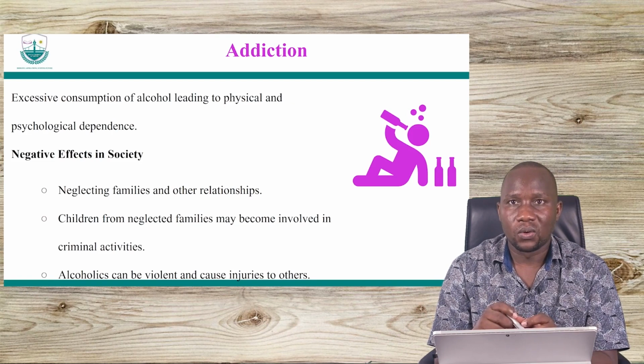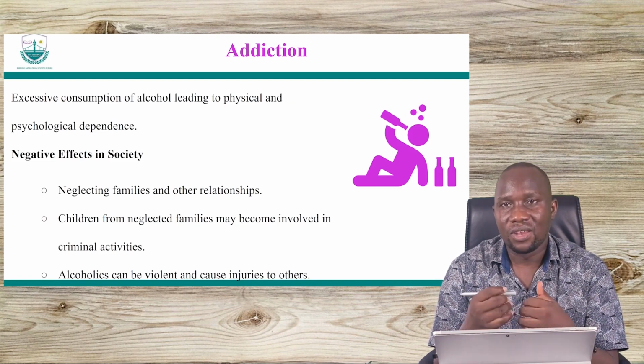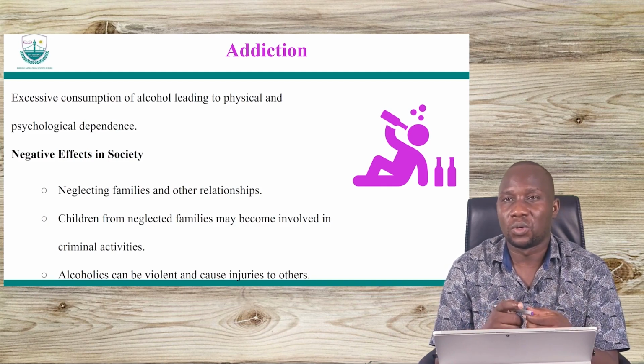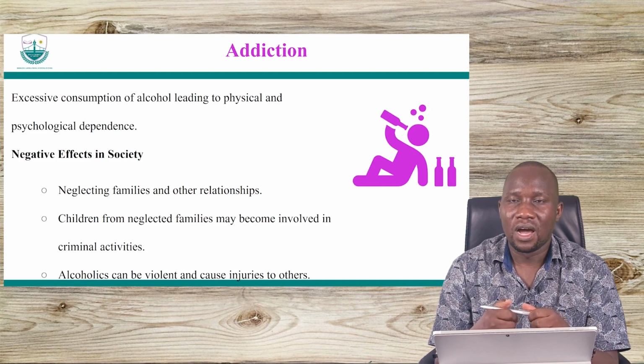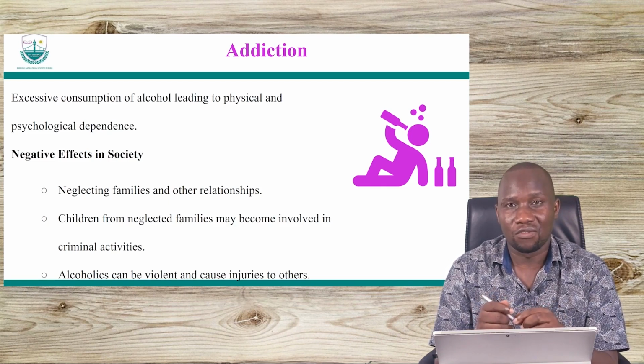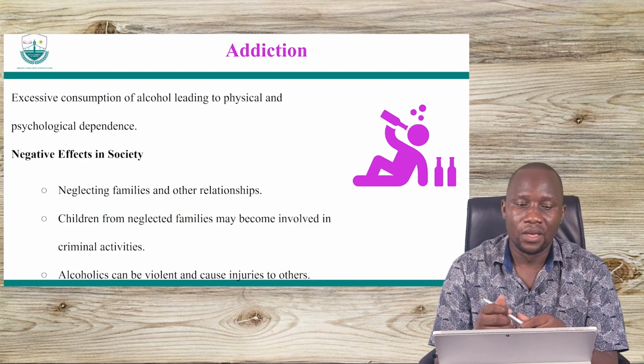People who consume alcohol and cannot stop, and whose social life and even professional life become altered, we say that these people are actually addicted to alcohol. When they are addicted to alcohol, that means that they cannot do something productive if they don't take any alcohol.